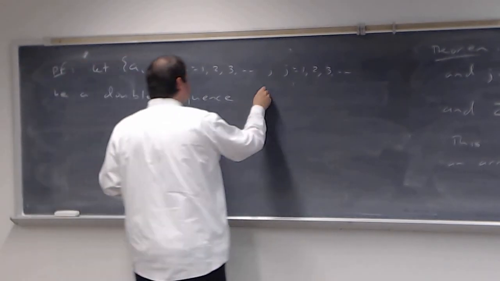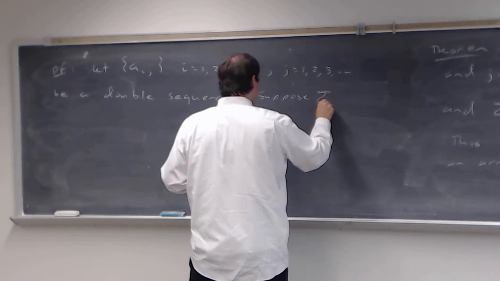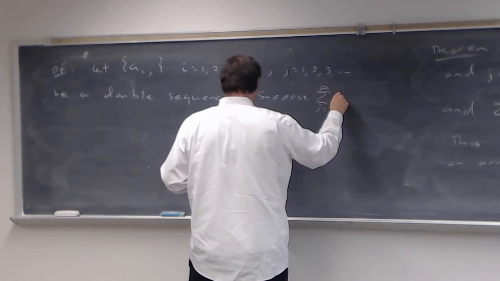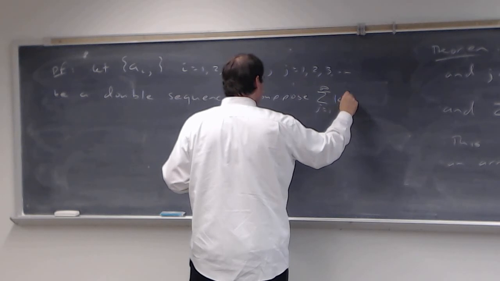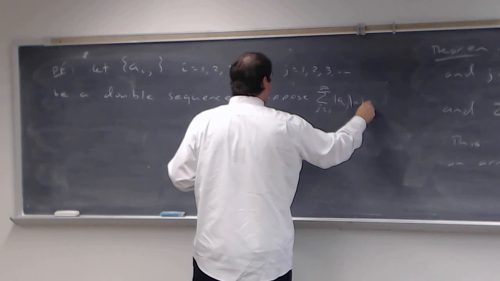And suppose that the sum over j, as j runs from 1 to infinity, of the absolute values of the a sub ij equals b sub i.